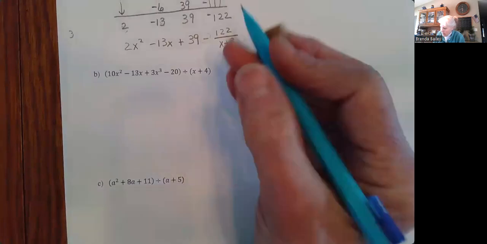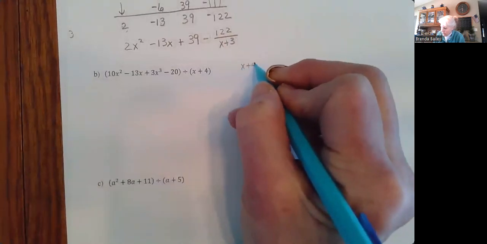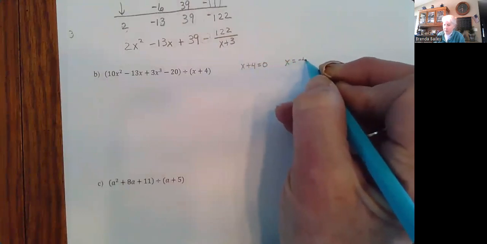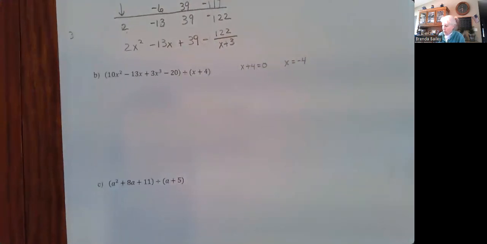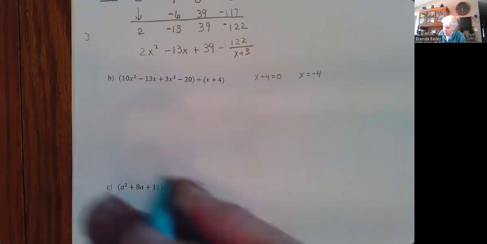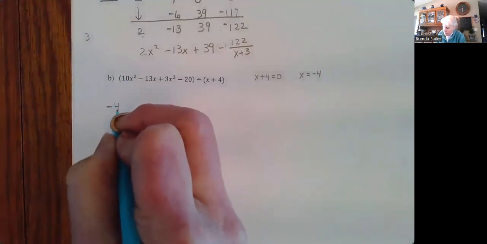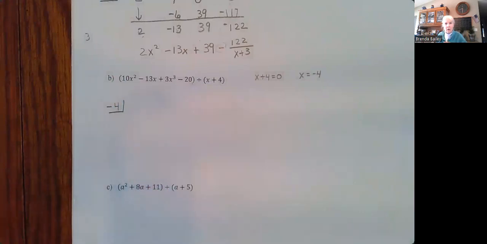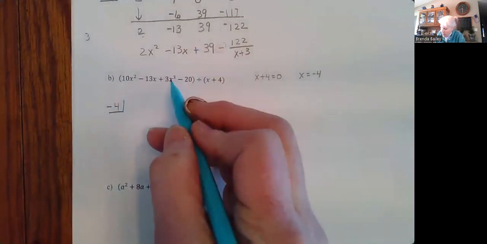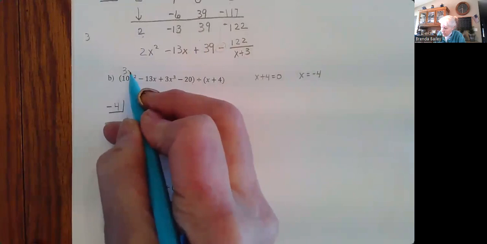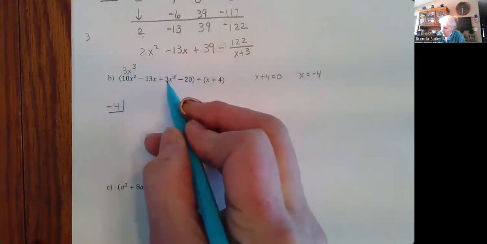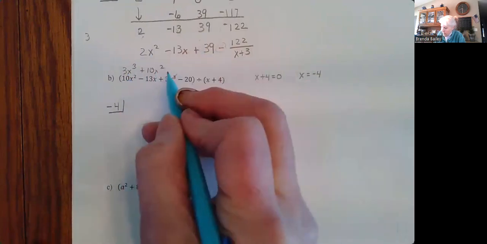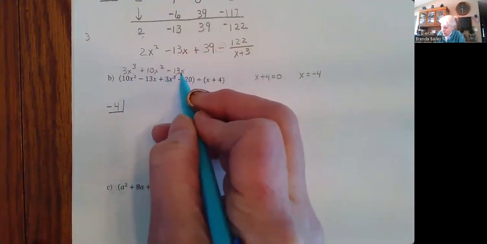Again, our first step. Subtract 4, x is a negative 4 inside our little box. So we put a negative 4, and then we list our coefficients in descending order. So here it should actually be 3x cubed, then 10x squared. I'm just rearranging it. Minus 13x minus 20.